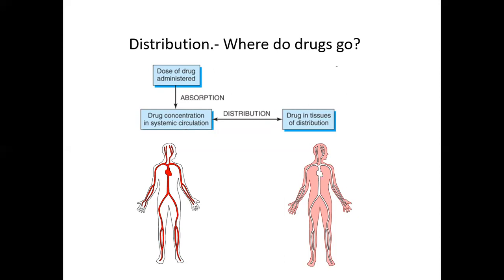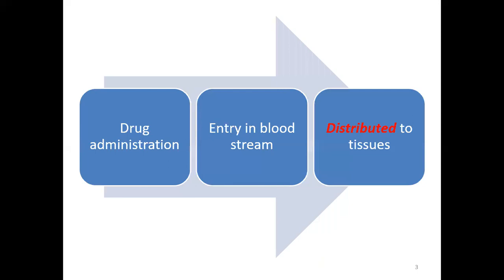So drugs are administered, absorbed, reach concentration in the systemic circulation, and are distributed to the tissues. As you can see in this picture: administration, enter the bloodstream, distribute to the tissues.